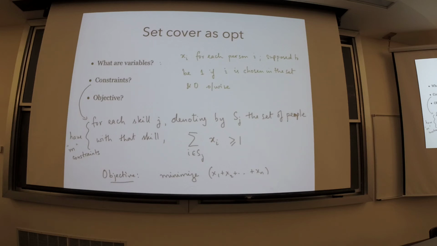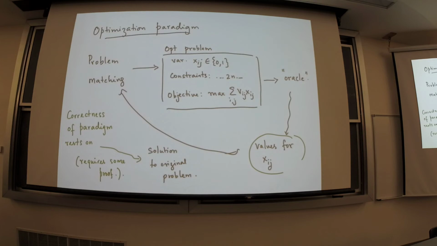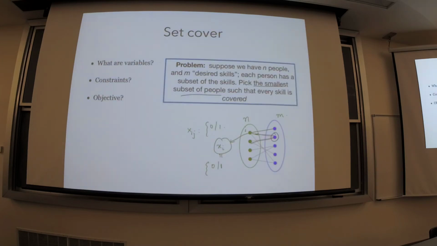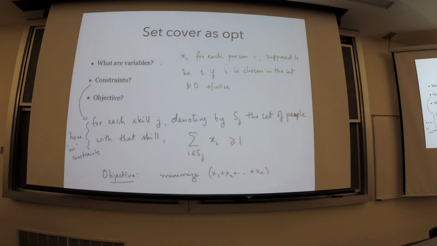So some problems are like this, where the problem definition itself naturally lends itself to an optimization formulation. And here, like you were saying, formally proving that if you have a solution to this optimization problem, you can actually convert it into a solution to the original problem is rather trivial, because these variables naturally tell you how to do this conversion.